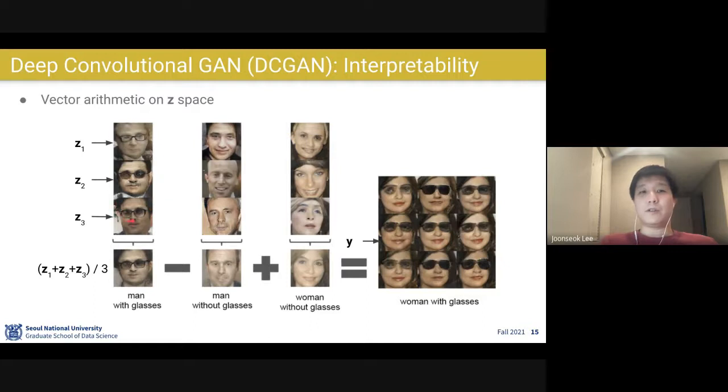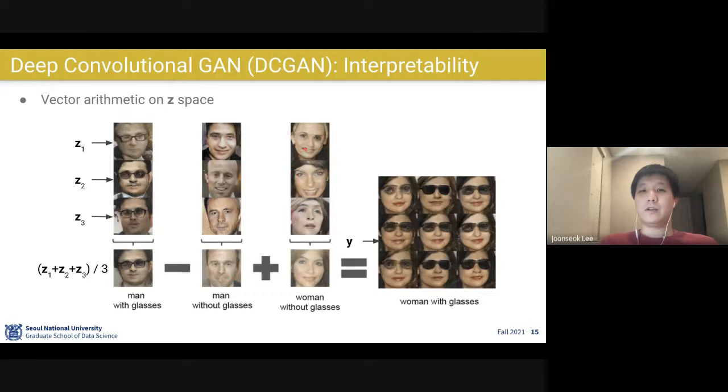We know that all of these are men, and they wear glasses. And they also generated other images from other Z's, where they generate a man, but without glasses. So just take the average of these 3, and it gives something like this. And take the average of these 3, then it generated this image.